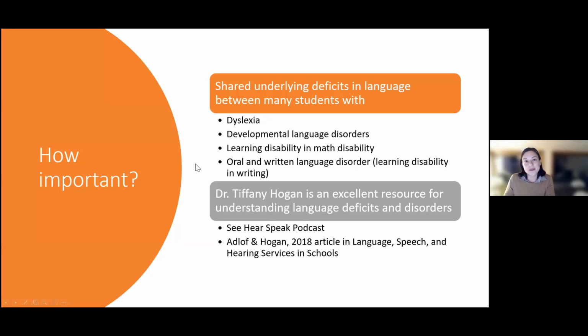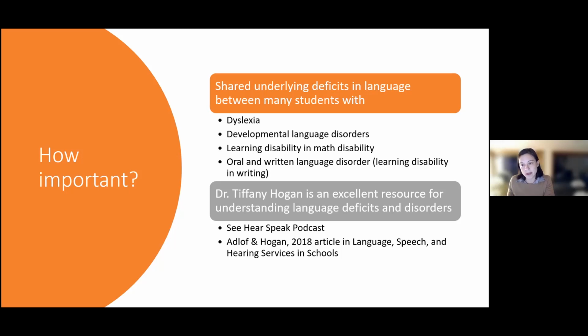So going back to the history of where we can find a lot of information on vocabulary and syntax, a lot of it comes from our wonderful speech language pathologist colleagues. In their study of developmental language disorders, they demonstrated how incredibly important syntax and vocabulary are, because deficits in those areas underlie, of course, developmental language disorders, but also many students with dyslexia tend to struggle with these.